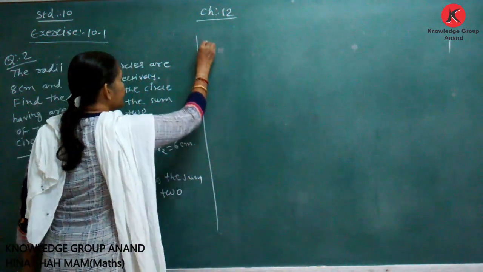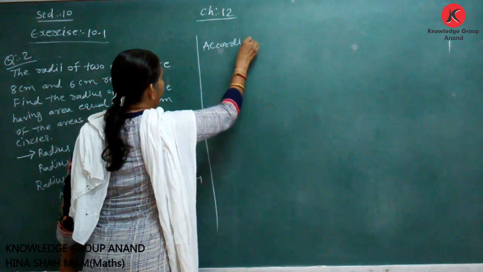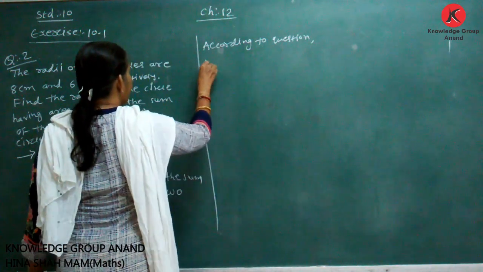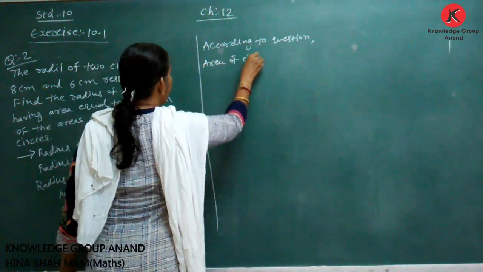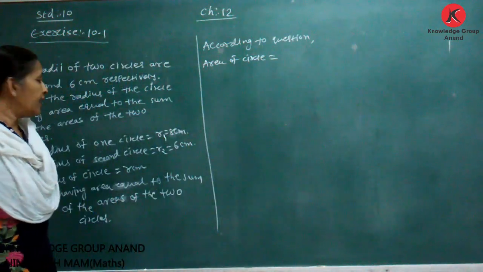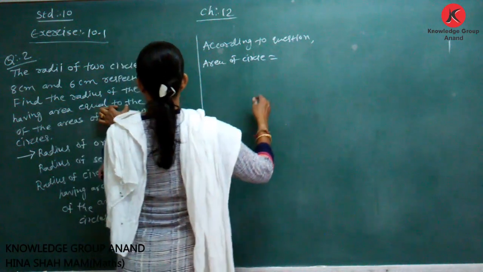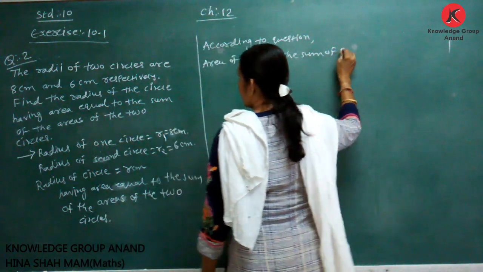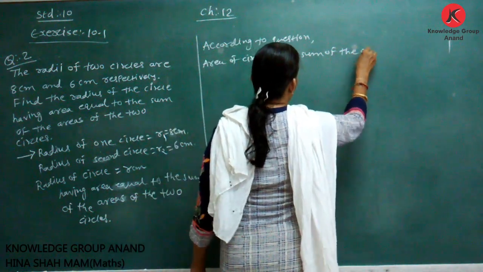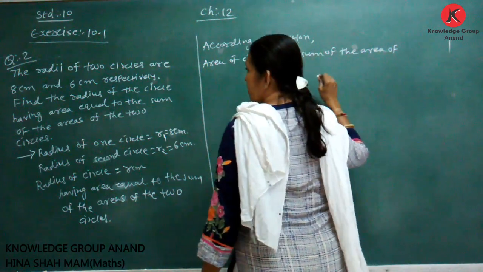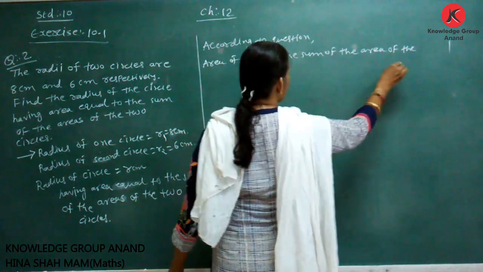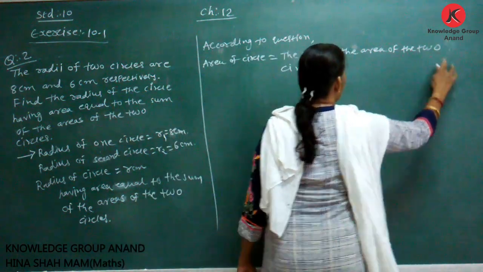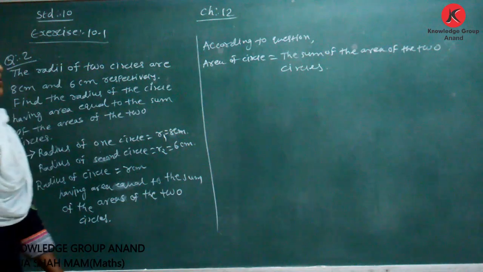According to the question, the area of the circle equals the sum of the areas of the two circles.